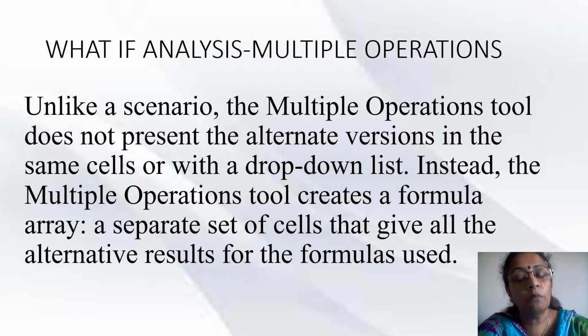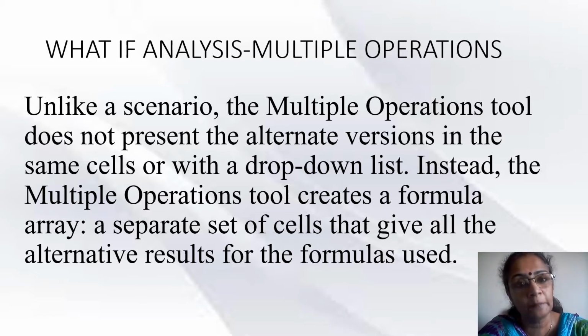Now, unlike scenarios, a multiple operations tool does not present the alternate versions in the same cell or in a drop down list. Instead, the multiple operations tool creates a formula array, a separate set of cells that give you the alternate results for the formula used. So in case of a scenario, you would have seen that using a drop down menu, I could select the scenarios S1, S2 and S3 and the varying results were seen in the same cell.